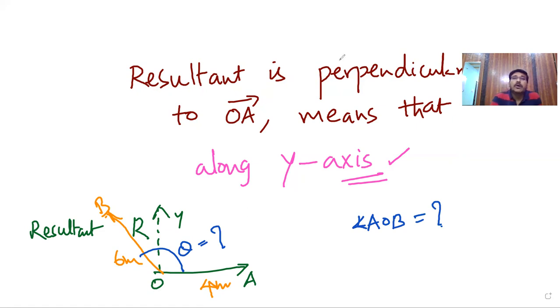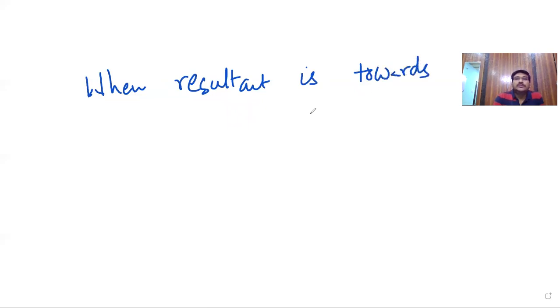Now observe carefully. When the resultant is towards the y-axis, what is the meaning of it?